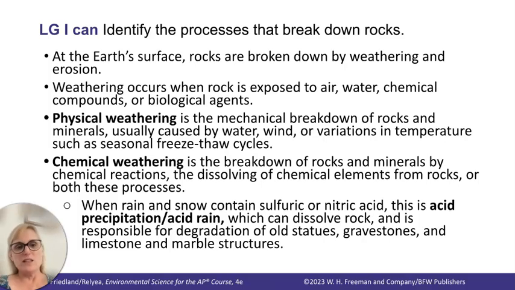Usually the freeze and thaw cycles will break down rock. Chemical weathering, we have natural chemicals in the world. We have acidic plants, we have acidic other rocks. But then humans can also cause more chemical weathering through acid rain, which we will talk about in Unit 7.